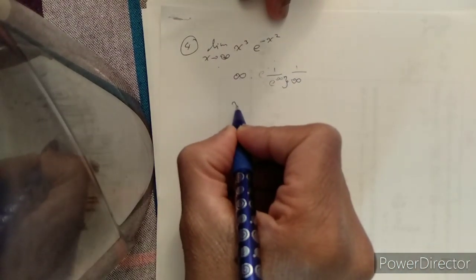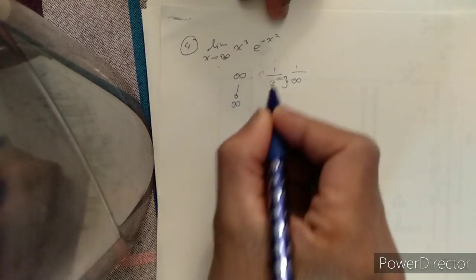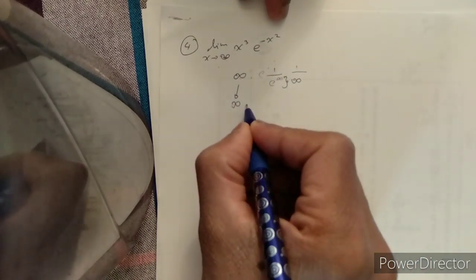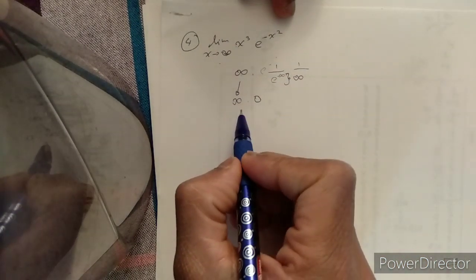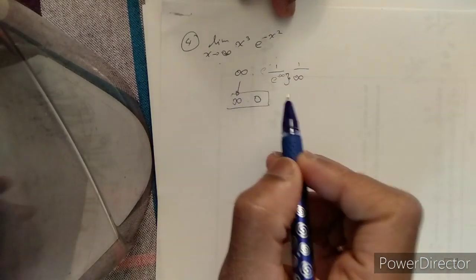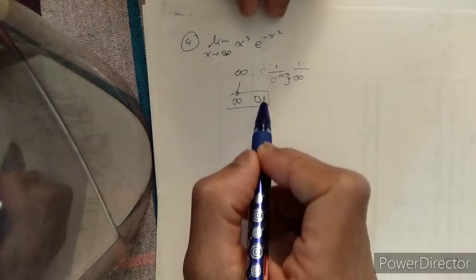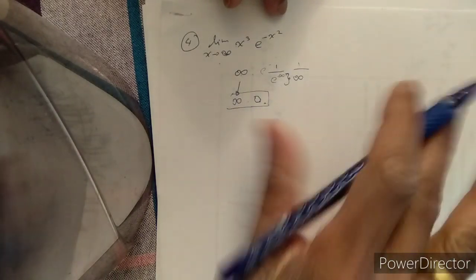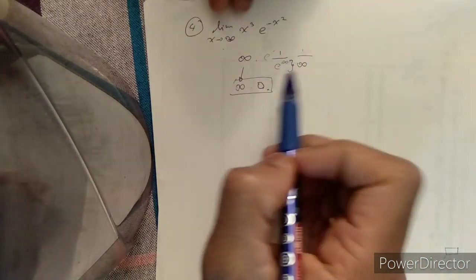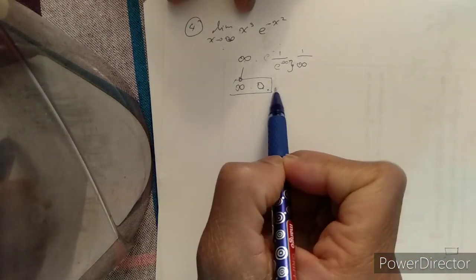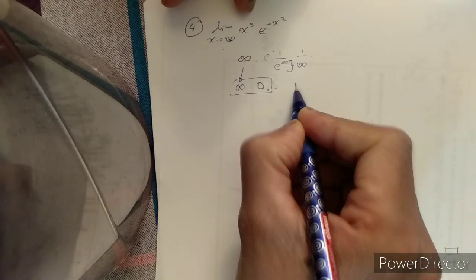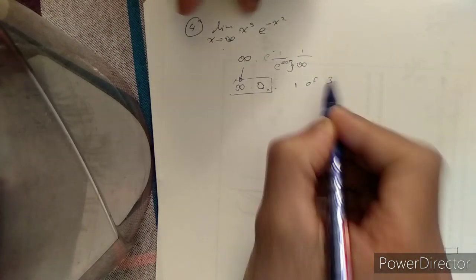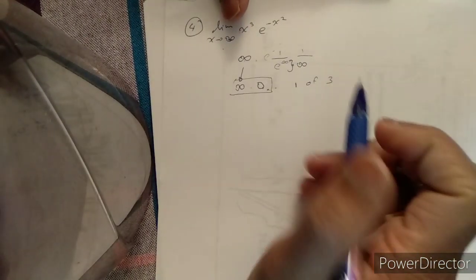That is, here we have infinity for this one, and for this term you will get 0 because 1 over infinity is 0. So this is an indeterminate case, and also this is not a suitable category for L'Hopital's rule.